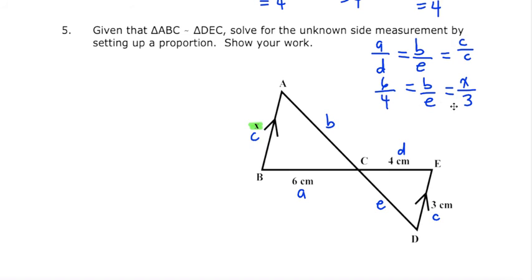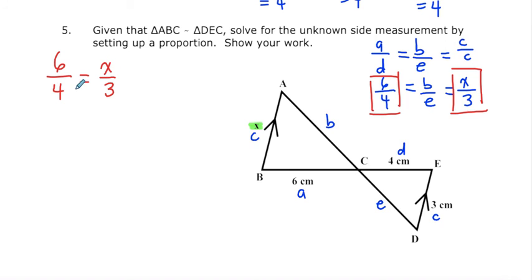And I can only use 2 of my fractions. I can't use all 3 at once. So I'm going to use my first fraction because I know both numbers. And I'm going to use my last fraction because this contains the unknown I'm trying to find. So I have 6 over 4 is equal to x over 3.